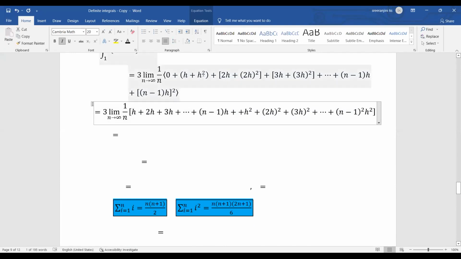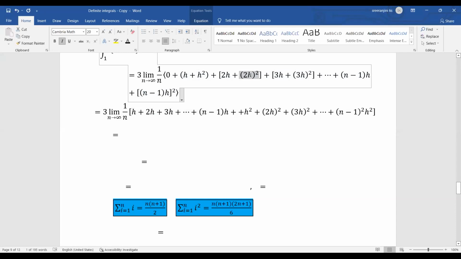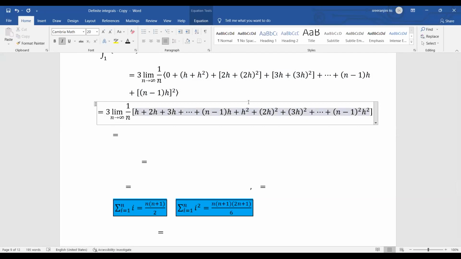Next group, h square, (2h) the whole square, that is 4h square, (3h) the whole square, 9h square. Last will be ((n minus 1)h) the whole square. So it will be h square plus (2h) the whole square plus (3h) the whole square plus etc. plus (n minus 1) the whole square h square.